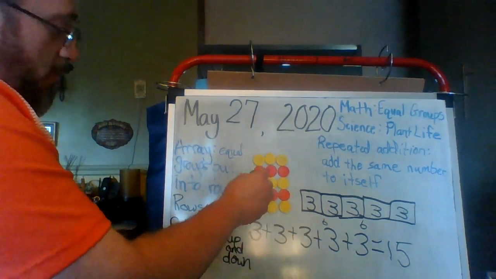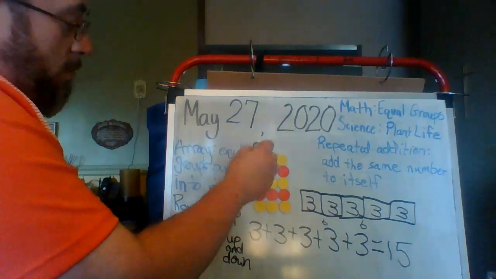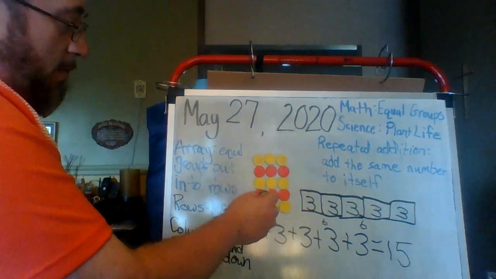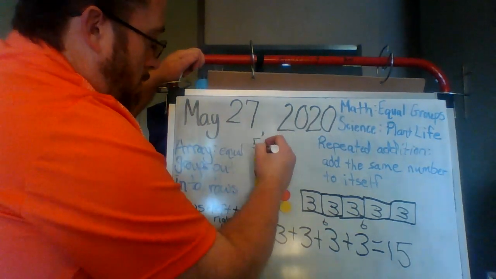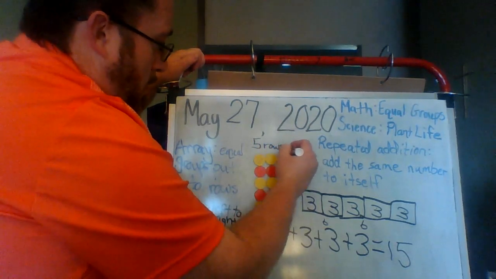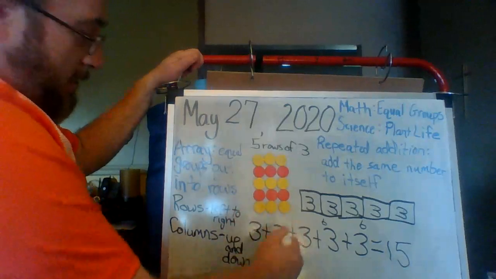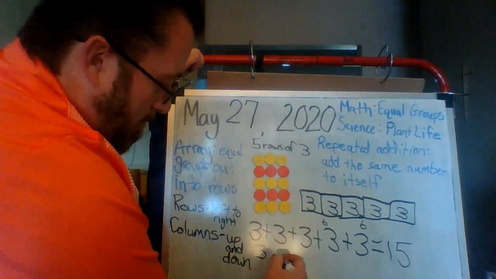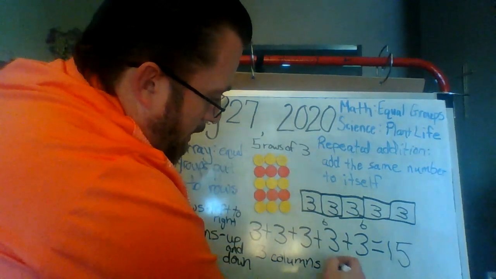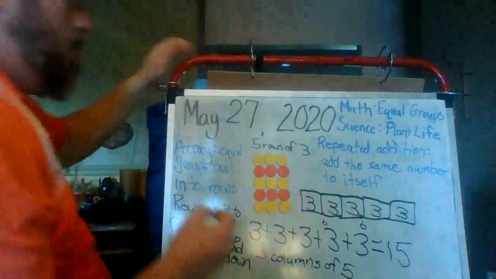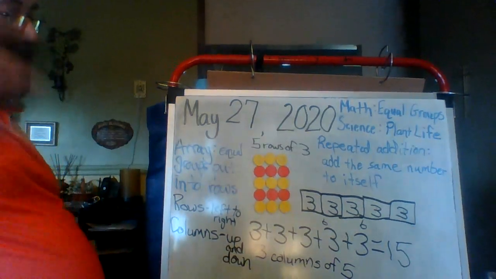So I could say that this array is 5 rows of 3. 1, 2, 3, 4, 5 rows of 3. Or I could also say that it's 3 columns of 5.